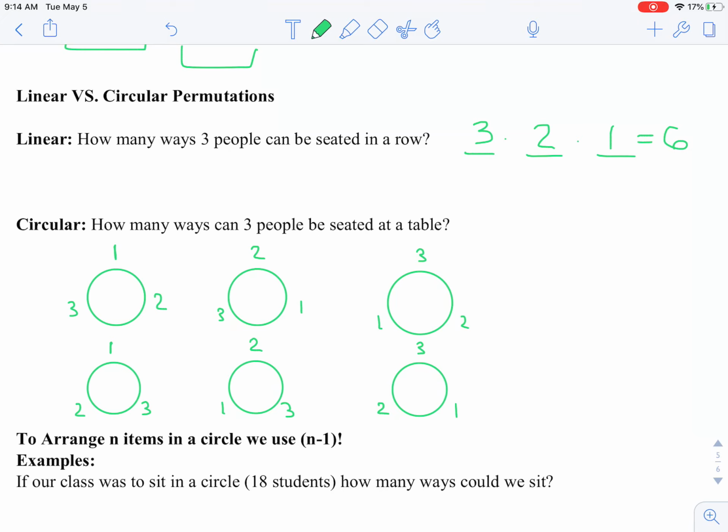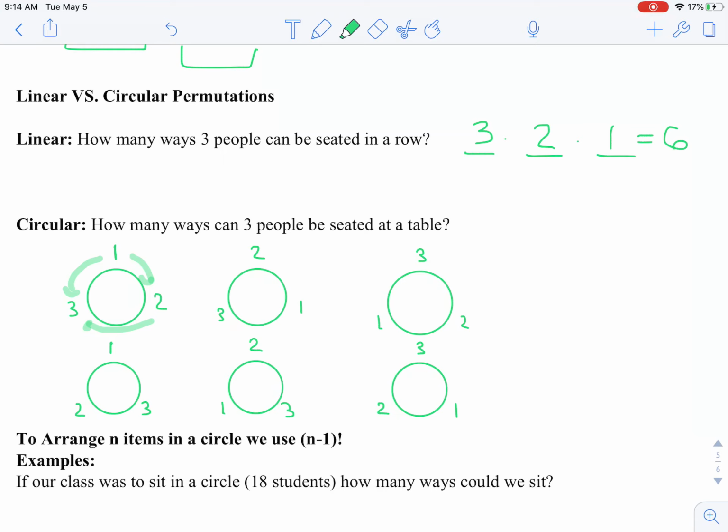But we got to take into account that we're at a circular table. If the rotational is the same, then they're really the same order in which people have been seated at a table. So if I look at this example here, this goes 1 to 2, 2 to 3, and back to 1.